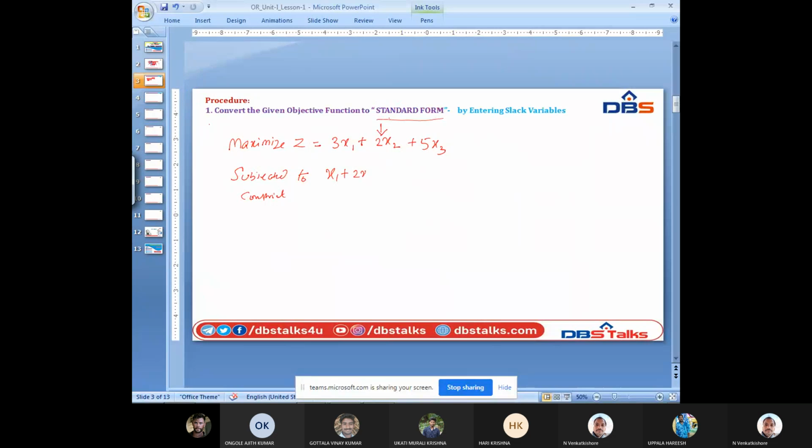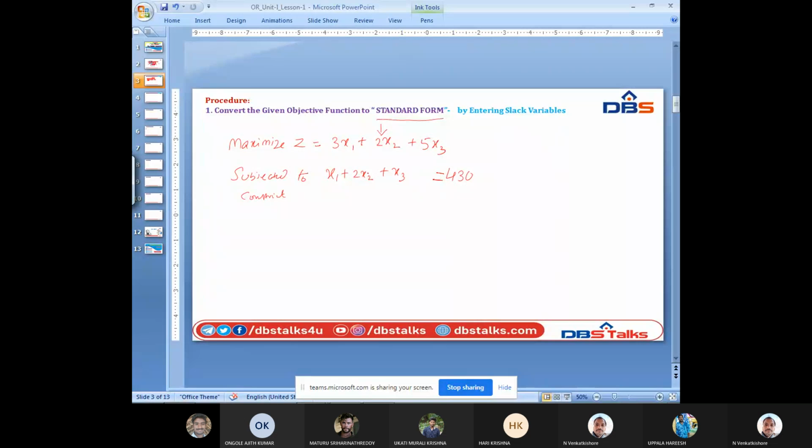x1 plus 2x2 plus x3. Previously, it is less than or equal to 430. In the standardization, we are converting these less than or equal to into equal to.